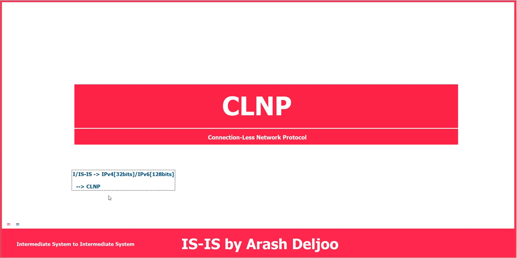It's better for you to understand the structure of CLNP, because you can compare it with IPv4 addressing and IPv6 addressing, and this gives you a chance to travel in time from the days of the OSI to the days of the TCP/IP.